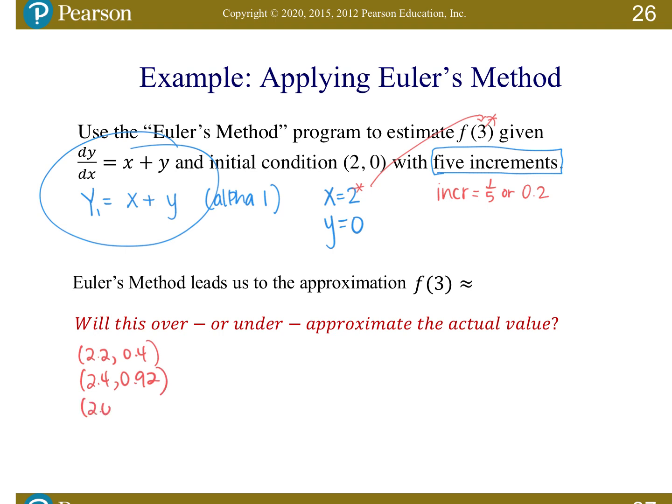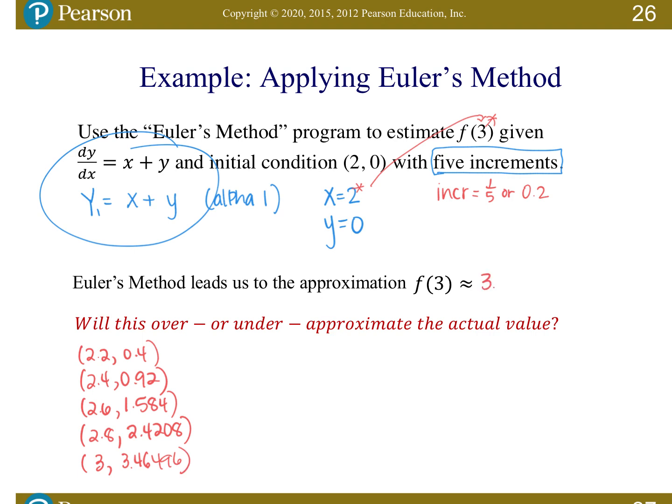Then you'll get 2.6 and 1.584. 2.8 will be your fourth incremental adjustment, and that'll be 2.4208. And your final incremental adjustment is going to get you to the desired value of 3, which will be 3.46496. So that will be the result.